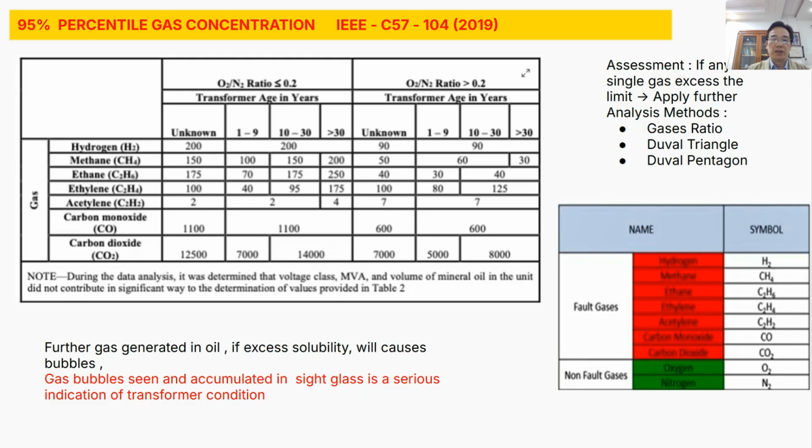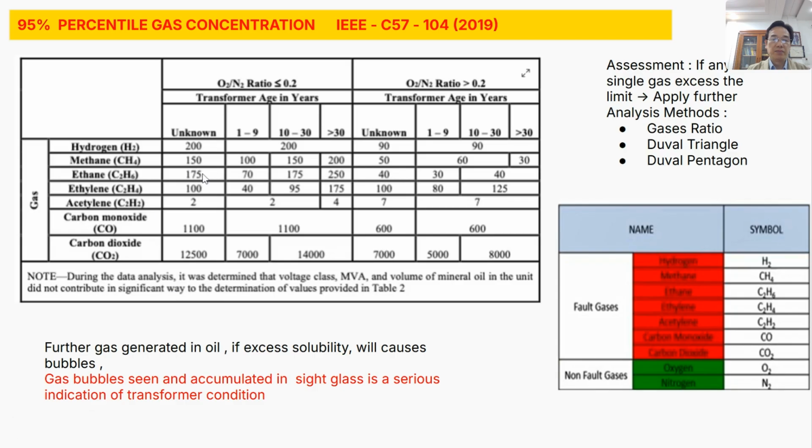So we consider two more factors that may impact the content of gases in oil. This table is based on a survey with a lot of transformers and on the 95th percentile of the transformer population in the survey.